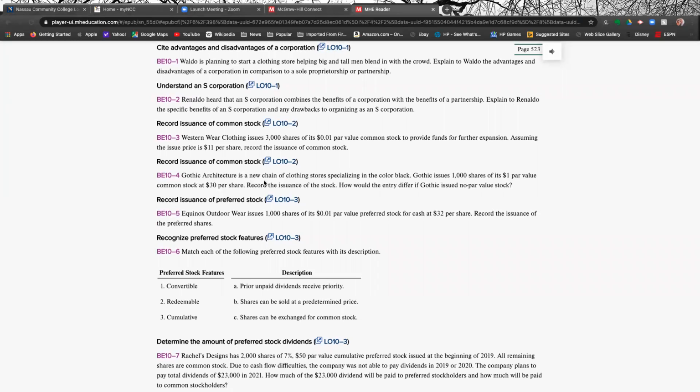Gothic Architecture is a new chain of clothing stores specializing in the color black. Okay. Gothic issues 1,000 shares of its $1 par value common stock at $30 a share. Record the issuance of the stock. How would the entry differ if Gothic issued no par value stock? Right, so let's see if we can do that.